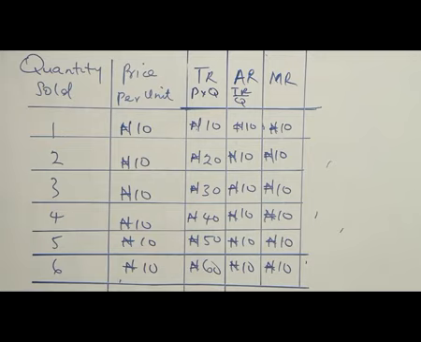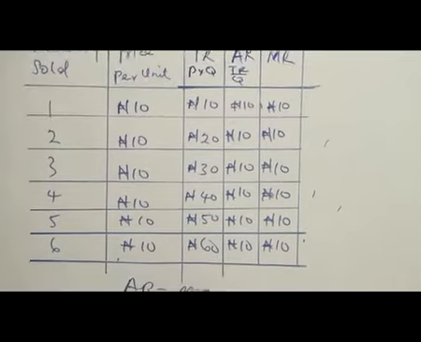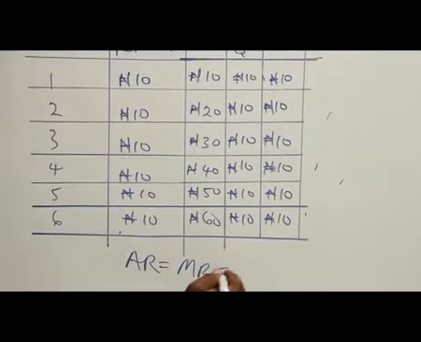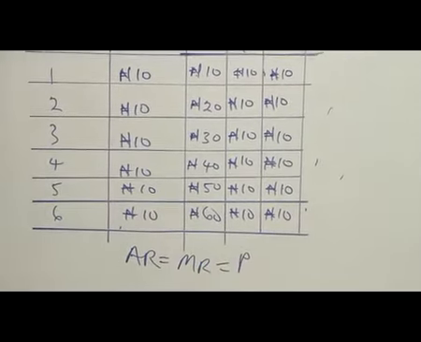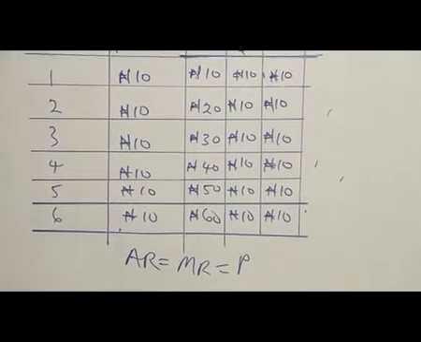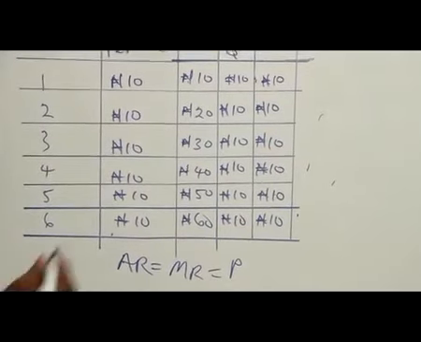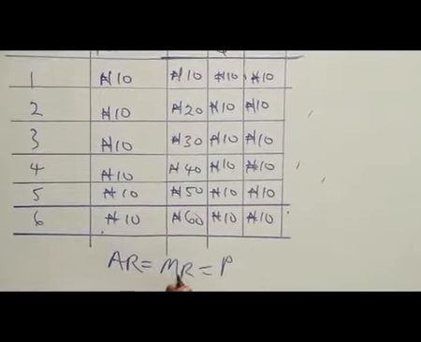What we are trying to understand here is that under perfect market, the average revenue of the market is equal to marginal revenue, which is equal to price per unit. Let me re-explain that under perfect market, we always have average revenue equal to marginal revenue equal to price.